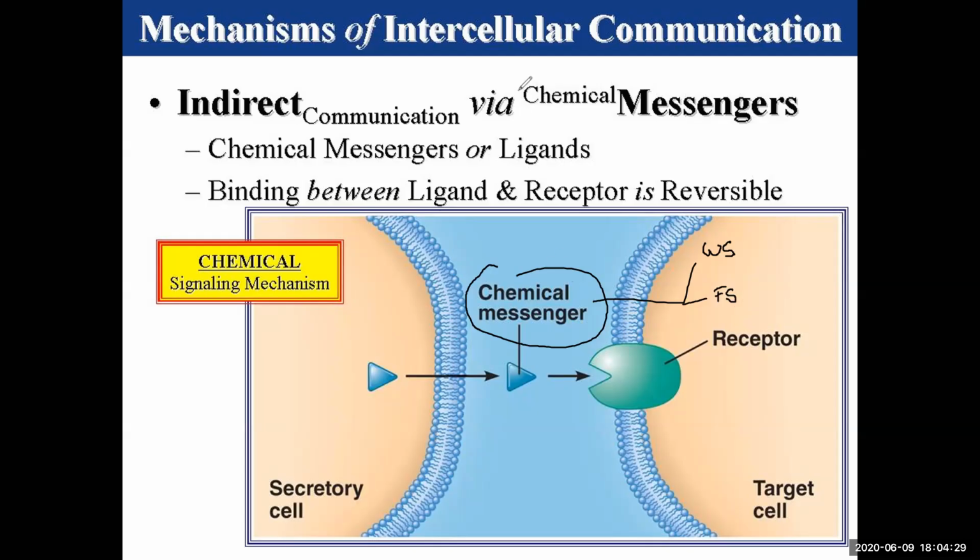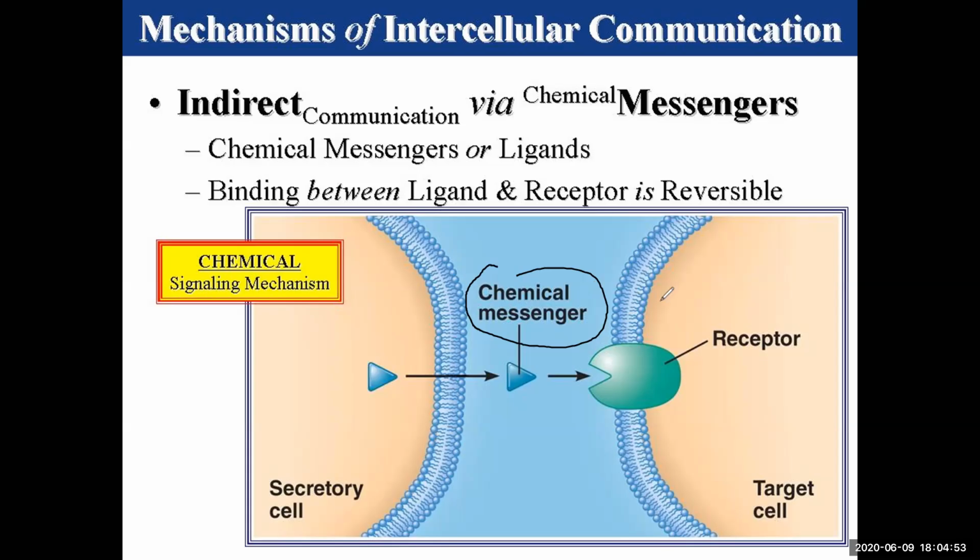If the chemical messenger is water soluble, then it will not be allowed to cross the cell membrane, because the cell membrane is fat soluble, and water soluble chemical messengers are not compatible, and will not be allowed to cross that membrane.